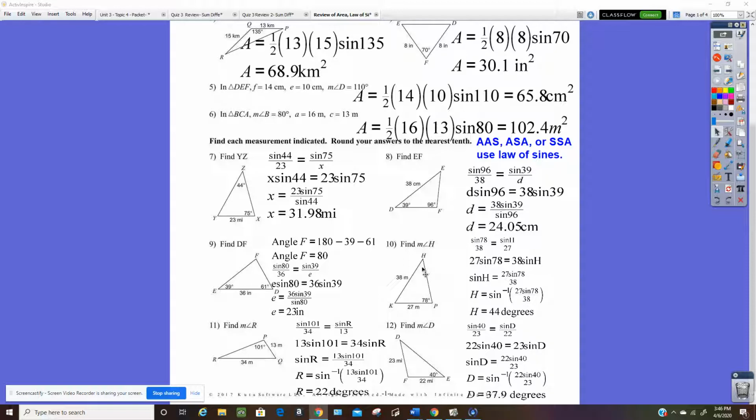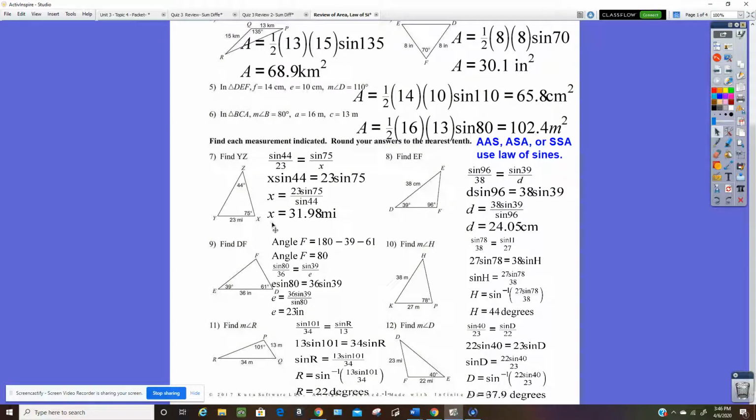Like here, if I found 44, I'd take the supplement of that and see if the supplement added with 78 is less than 180. Then there would be a second triangle. Otherwise, it'd just be 1. But you don't have to really worry about that. I just wanted to mention that sometimes there's an ambiguous case when you have side, side, angle.